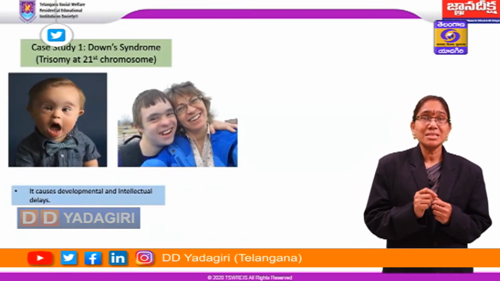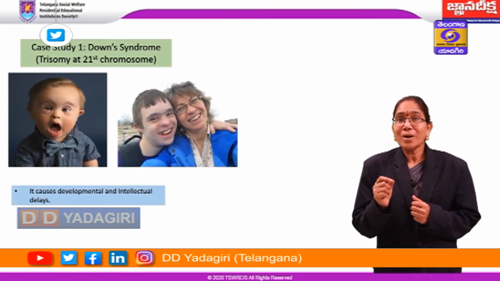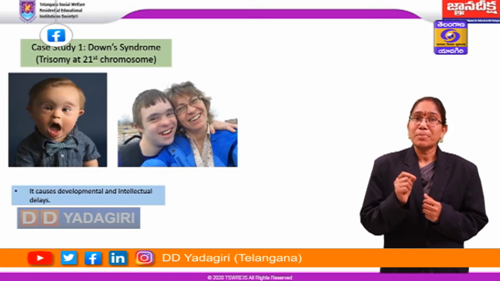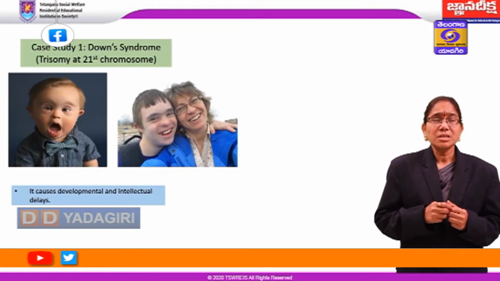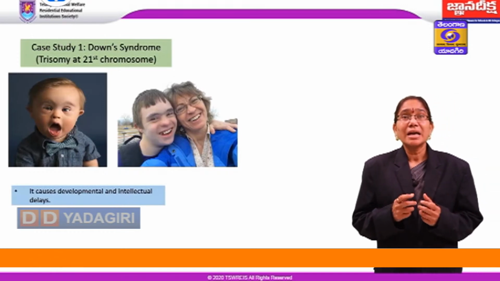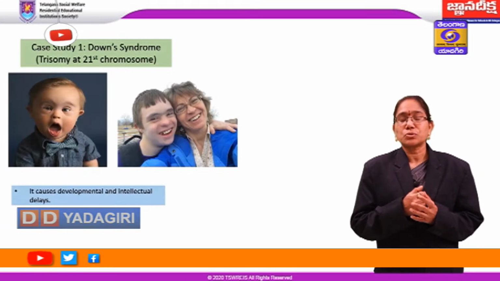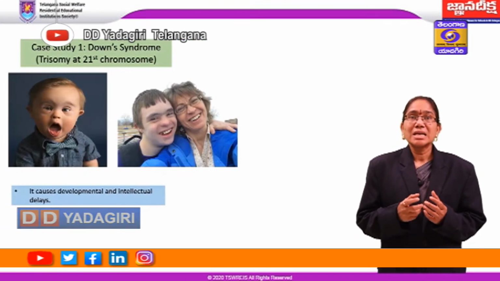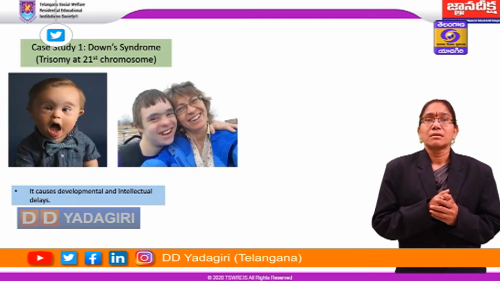The chromosome complement for Down syndrome is 47,XY or 47,XX. In this picture, we can visualize individuals who are suffering from Down syndrome. It causes developmental and intellectual delays.